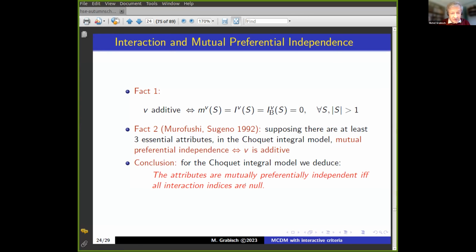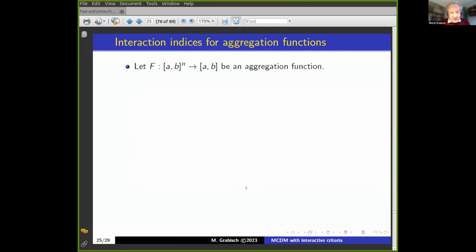This is important. Okay, so now we can take a different point of view. We say, okay, I have an aggregation function f, and I would like to directly define the interaction with the function f. I don't know about the capacities and so on. Maybe f does not involve capacities at all, so I take any function f.